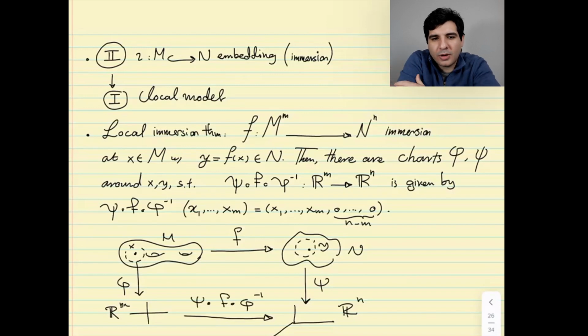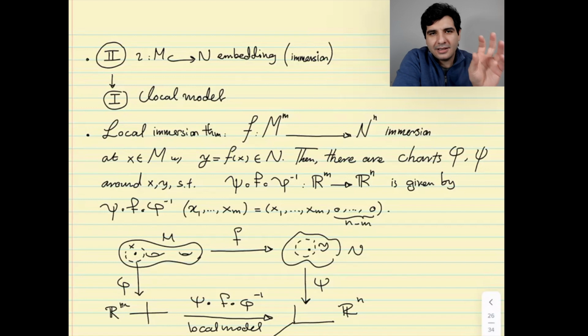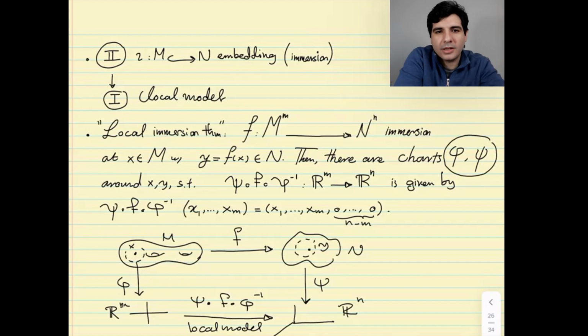This map from Rm to Rn is given by this model. The model is this canonical immersion. So that exactly means definition 2 implies definition 1, because if you take f to be the inclusion map, since it's an immersion, it must be given by the canonical immersion, which is what describes the local model.